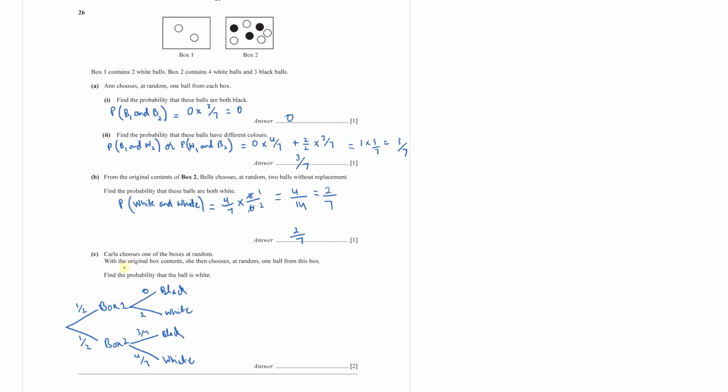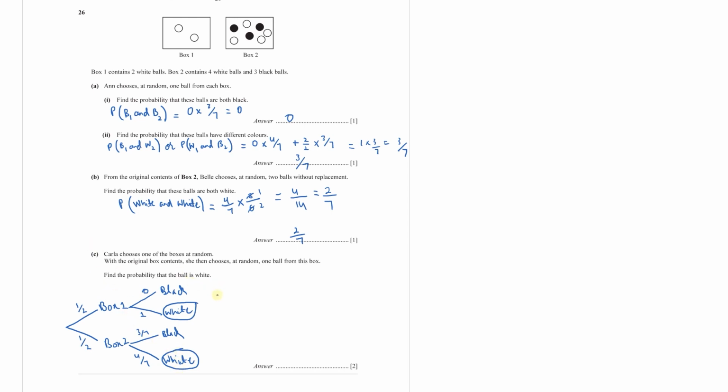So now the question asks you, find the probability that the ball is white. So you either end up here, that's one case where you'll end up with a white ball, or you end up here, that's the second possibility which can result in a white ball.